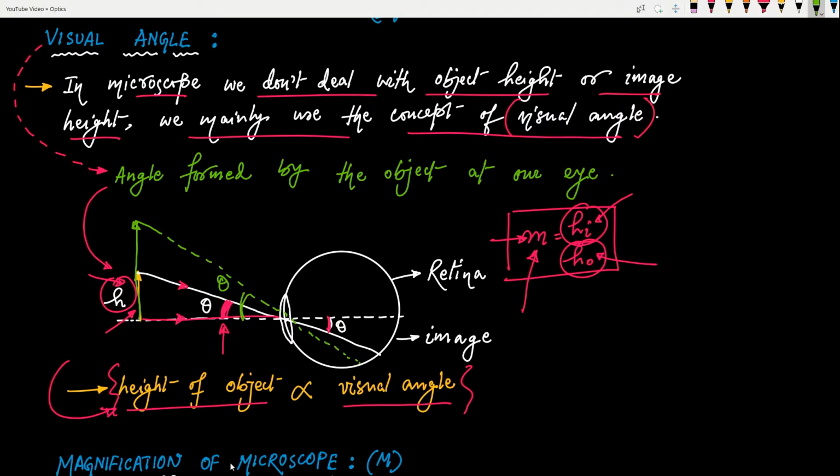So bigger the object, bigger is the visual angle. As you can see, I've written it down for you that greater the height of the object, greater will be the visual angle. Smaller the height of the object, smaller will be the visual angle. So there is a relationship of height with visual angle. So you can replace this formula that is represented in terms of height with visual angle. So we'll be using that in microscope. So let's look into that and see how we are applying that.